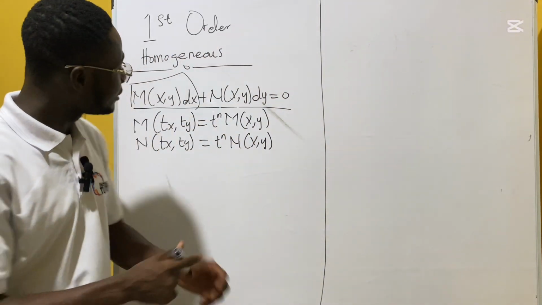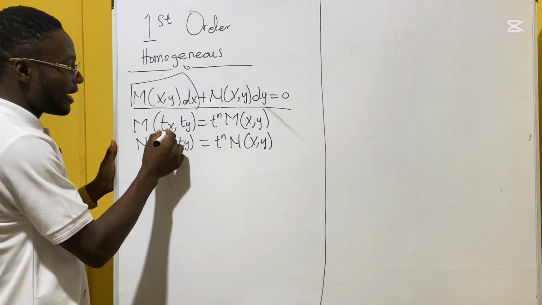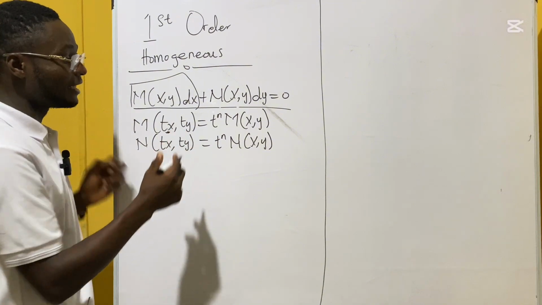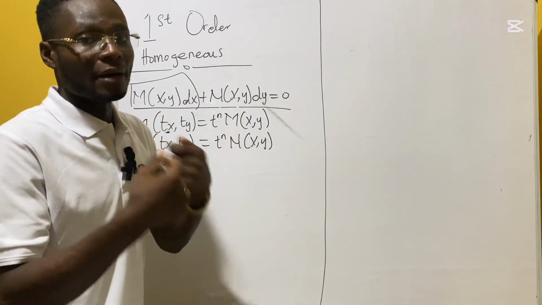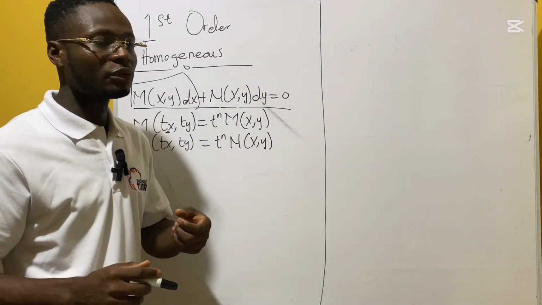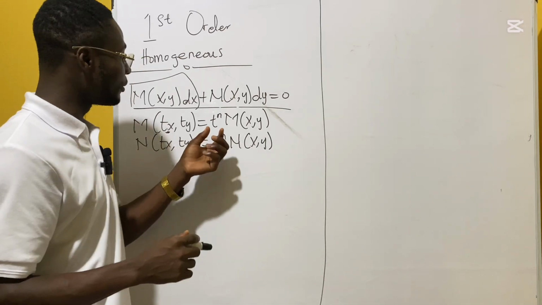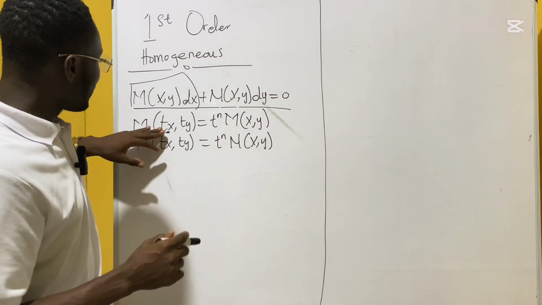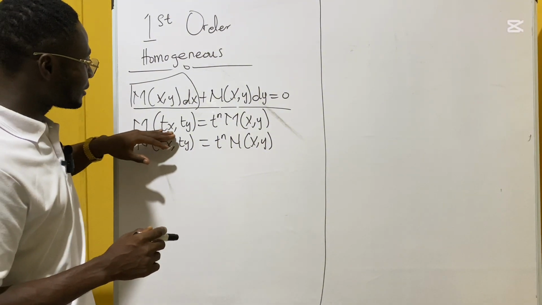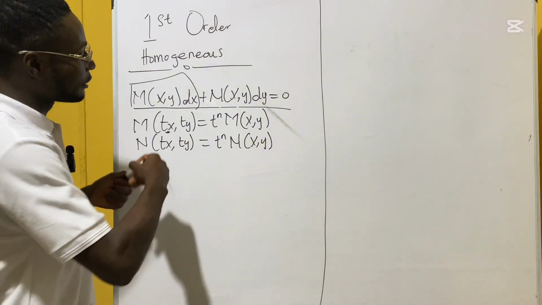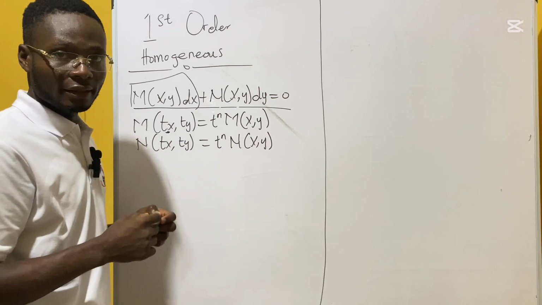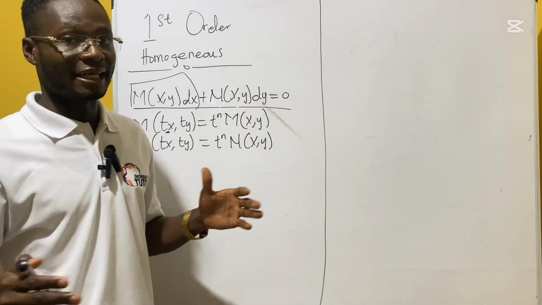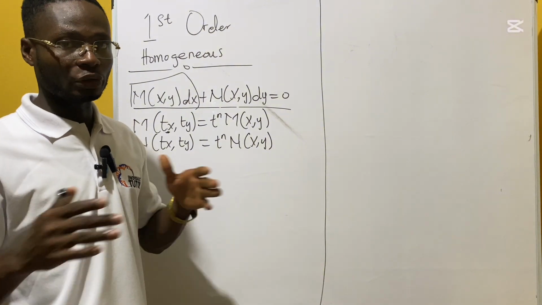That means we can combine a variable, say t, with each of the functions, and if t is able to come out completely, if they are able to be factorized completely, then we call it a homogeneous function. So here we have M of tx, ty equals t to the power n, where n can be any number, it can be 2, it can be 3.